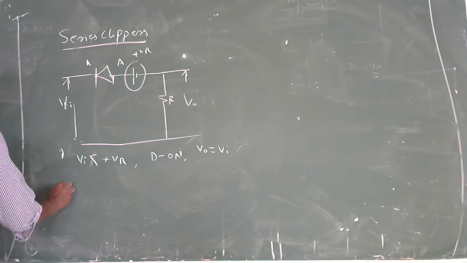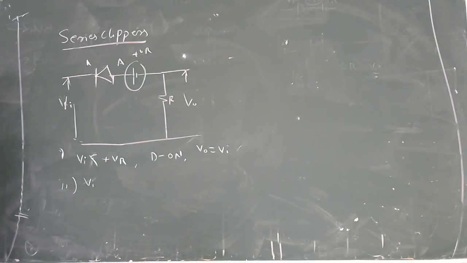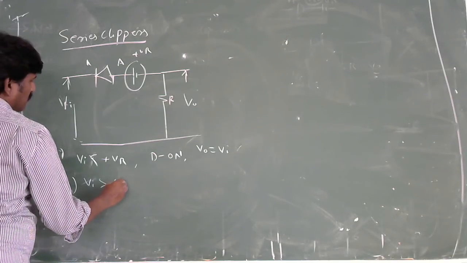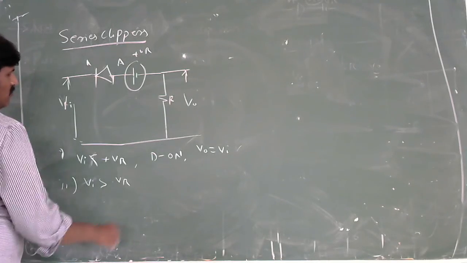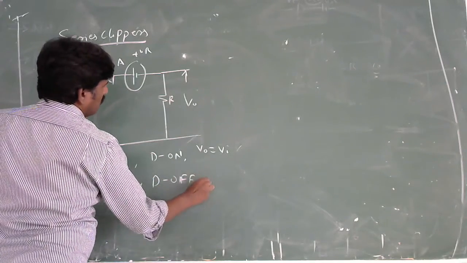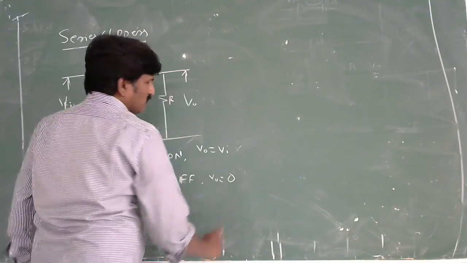Then, if Vi is greater than V reference, the diode will be off. What is V naught? V naught is equal to 0.